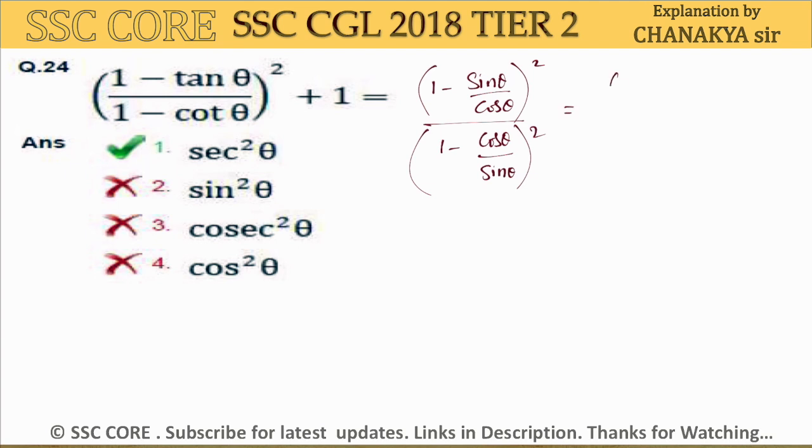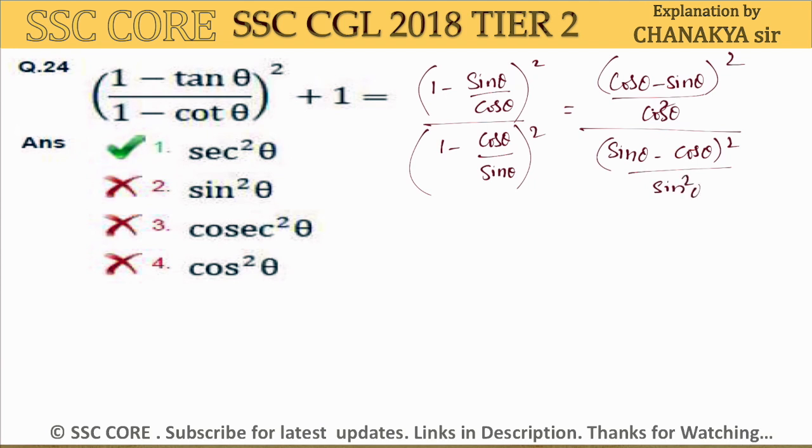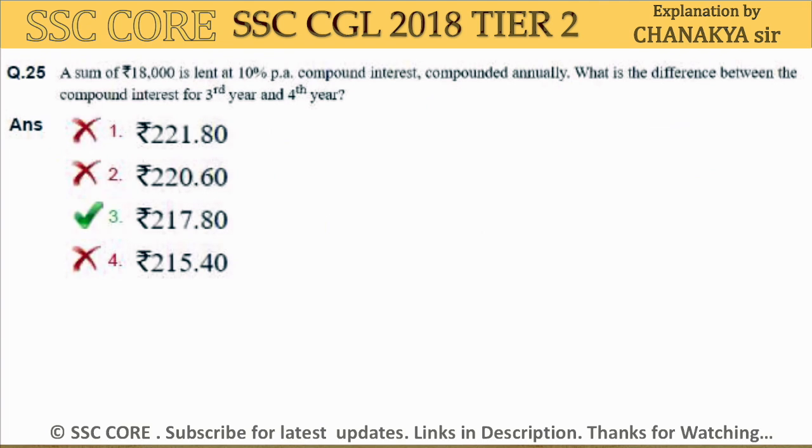Numerator is cos theta minus sin theta divided by cos theta whole square divided by sin theta minus cos theta square divided by sin square theta plus 1. That's equal to numerators gets cancelled. You are getting 1 by cos square theta by 1 by sin square theta, tan square theta plus 1. Tan square theta plus 1 is equal to secant square theta. Answer is option 1. And question number 25.